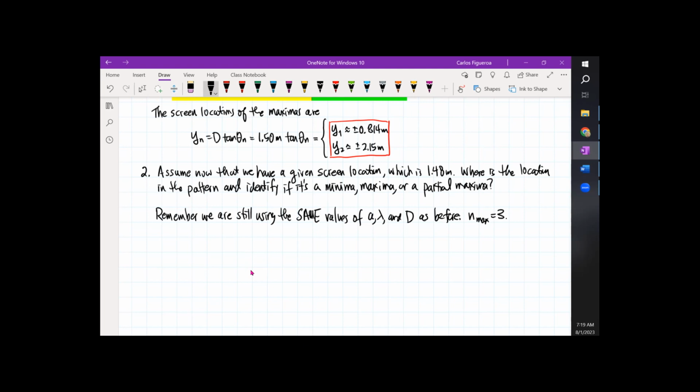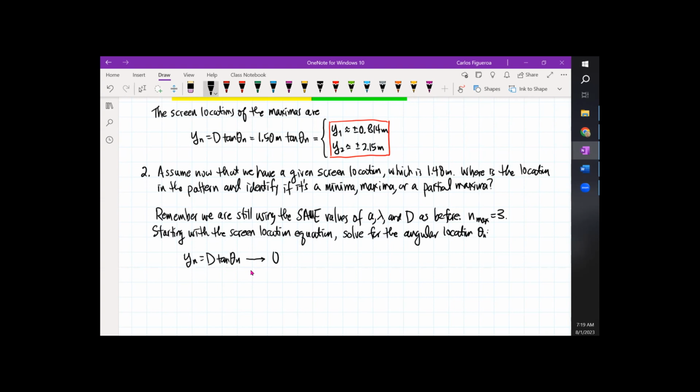So what we're going to do here is start with the screen location and solve for the angular location theta. So y of n is going to be d tan of theta n.